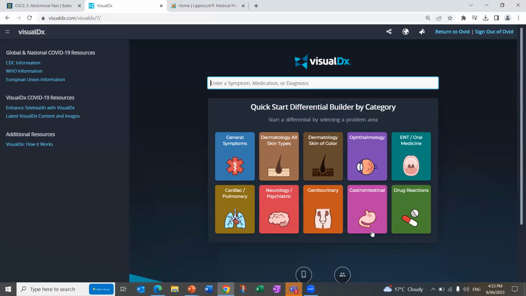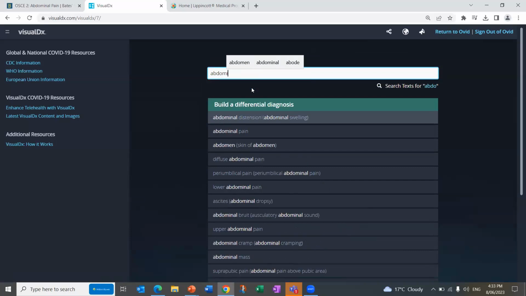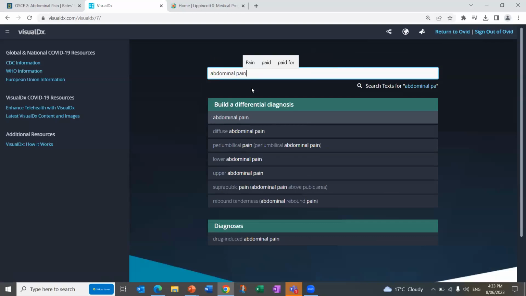If I think that my abdominal pain is gastrointestinal in source, I could begin by pushing this button and starting my differential diagnosis with this first step. Or I can begin by typing in my observation of abdominal pain.